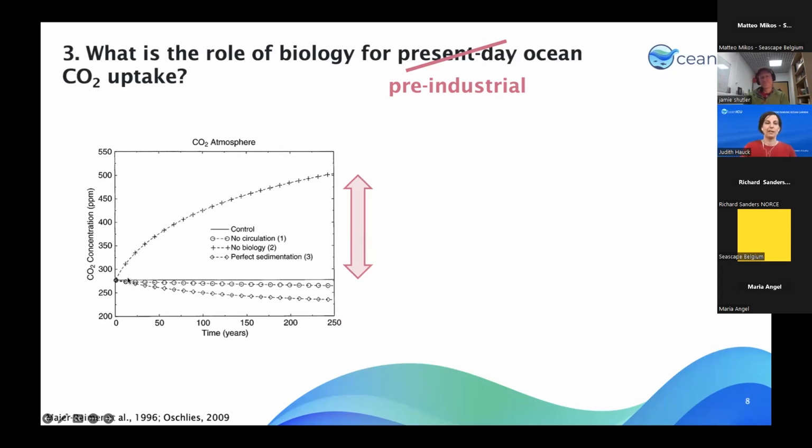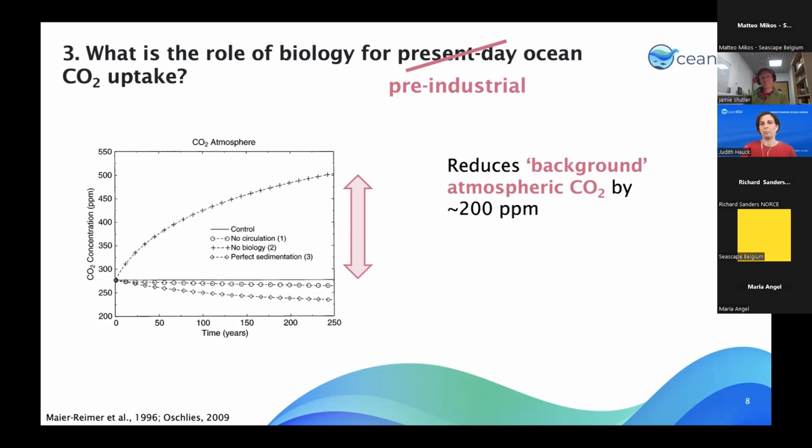So if we look at the difference between the solid line and the dashed line at the top with the crosses, which would be the dead ocean experiment with no biology acting, then we see a difference of about 200 ppm in atmospheric CO2. So we can conclude from that that the biological carbon pump reduces what I would call the background atmospheric CO2 in the pre-industrial state by about 200 ppm.